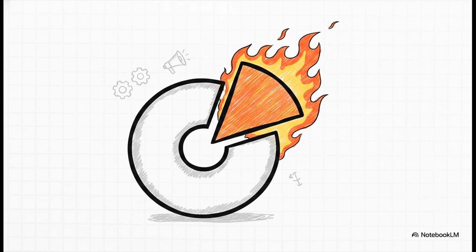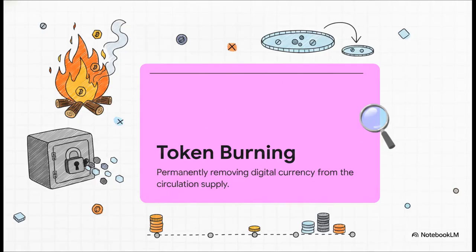Now, if you're sitting there wondering how throwing away money could possibly be a sound economic strategy, well, let's clarify what this term actually means in the crypto space. In crypto, token burning is simply the act of permanently removing digital currency from the circulating supply. Obviously, no one's literally setting servers on fire. It's more like a digital bonfire.